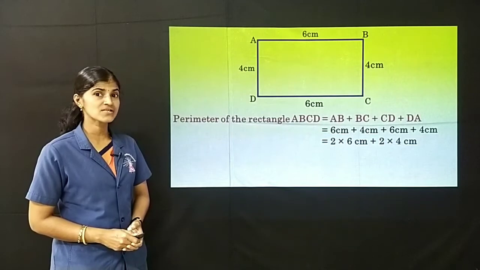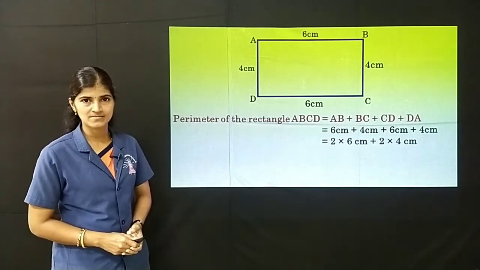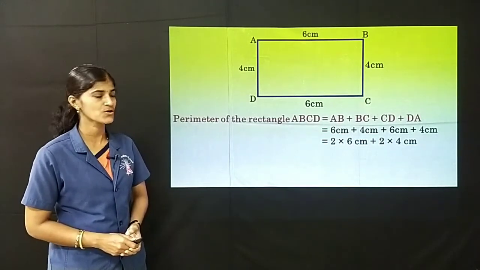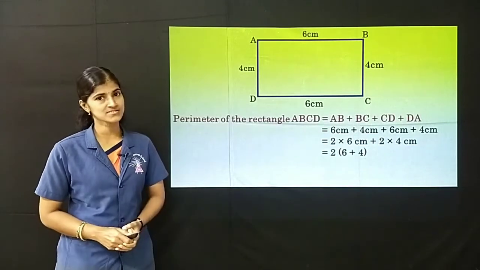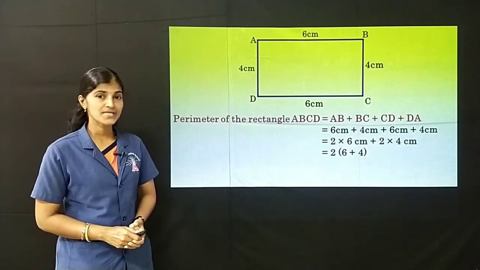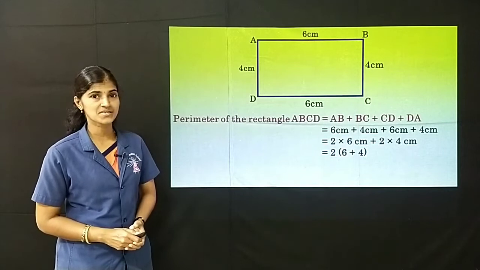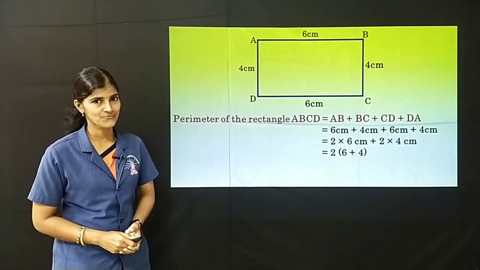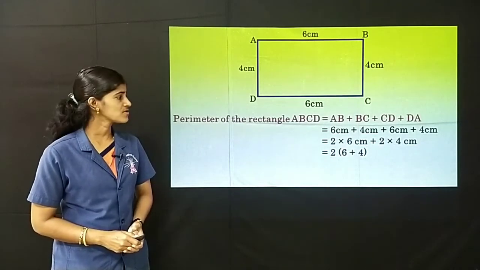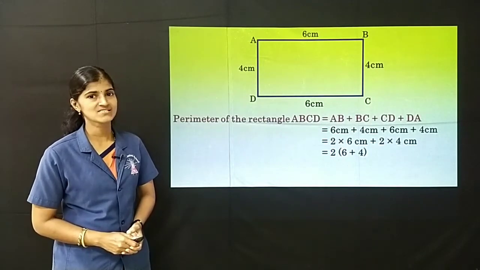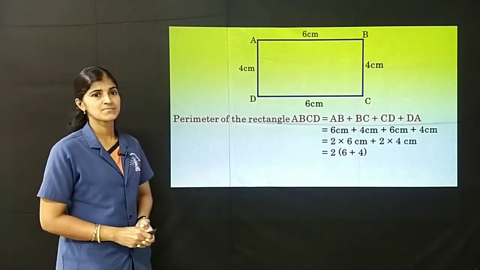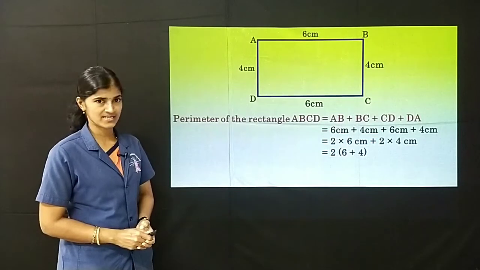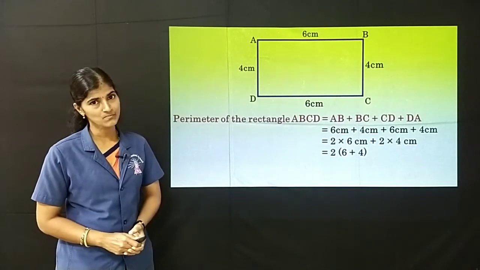Then again you can observe 2 is common in both the cases. So, we can take 2 separate, 2 into, inside the bracket we can put 6 plus 4. So, 2 into 6 plus 4. If there is no sign between 2 and that bracket, that means it is multiplication.